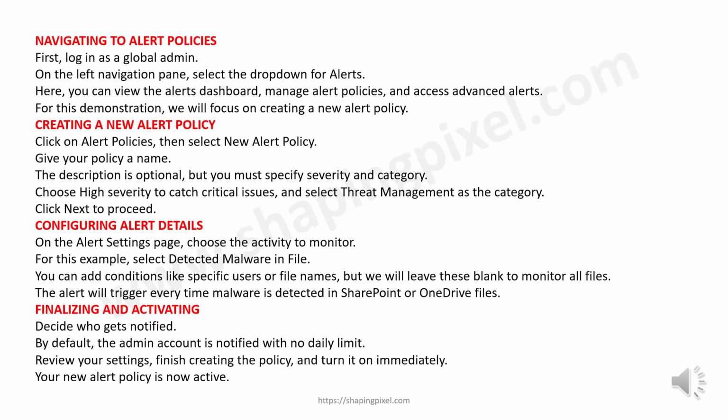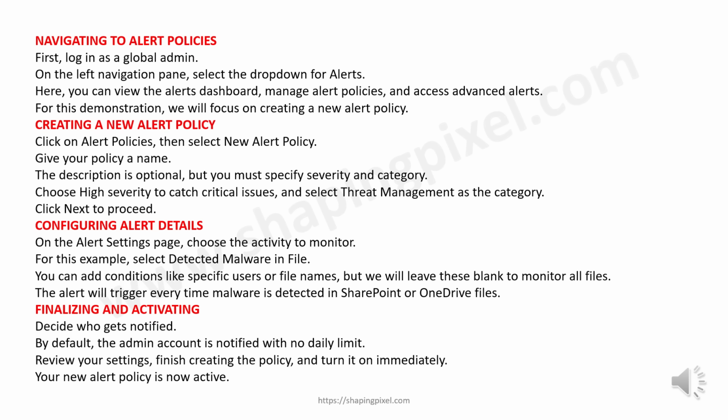Let us walk through how to create an alert policy in Office 365 using the Security and Compliance dashboard. This process helps you stay on top of potential threats in your organization. First, log in as a global admin. On the left navigation pane, select the drop-down for Alerts.